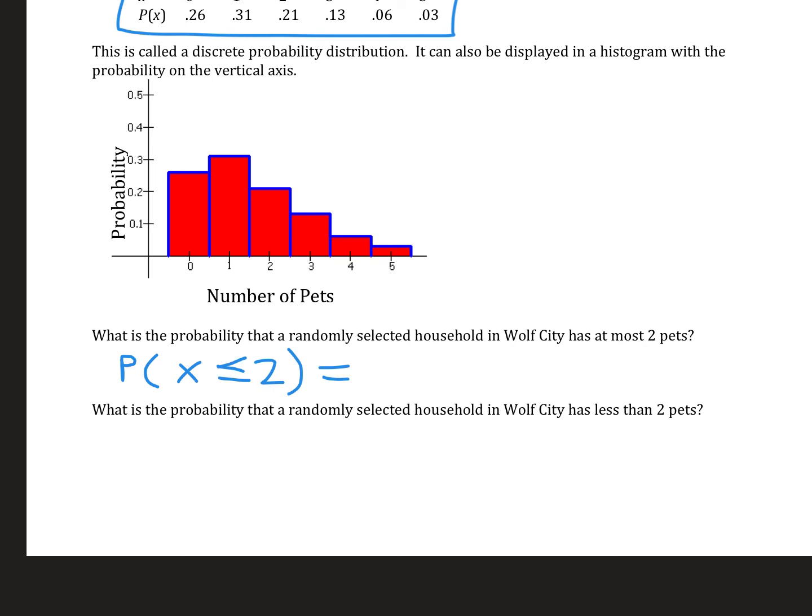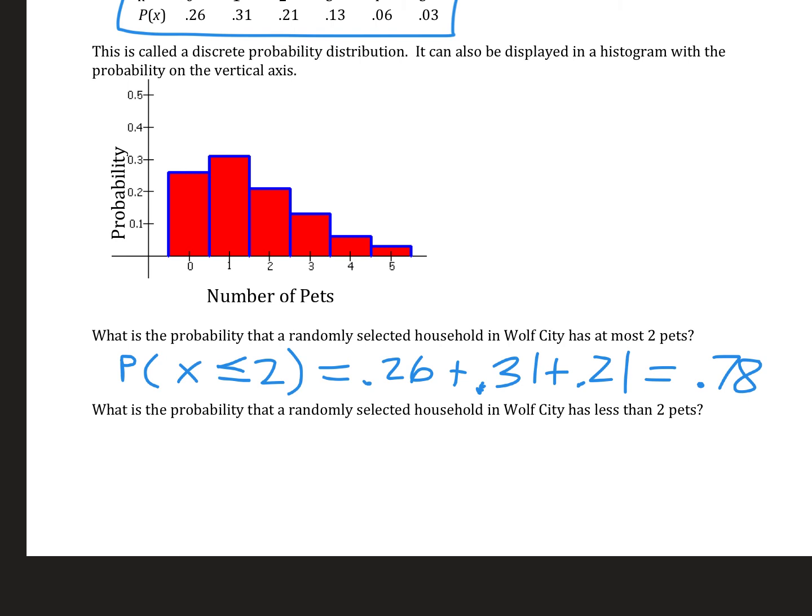So the probability of this would be 0.26 plus 0.31 plus 0.21. And the reason being they could have 0 pets, 1 pet, or 2 pets. So or means add. 26 plus 31 plus 21, that would be 78, so 0.78.